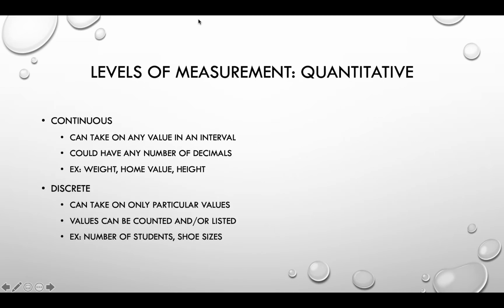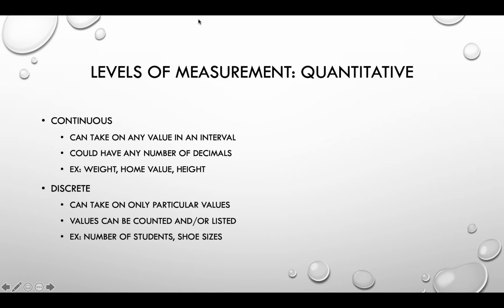All right, two levels of measurement with quantitative data are continuous and discrete. Continuous data is measurable. It can take on any value in an interval. It could have any number of decimals. And again, this is measurable data. We're having to use some tool to get to that measurement, whereas discrete data is countable.